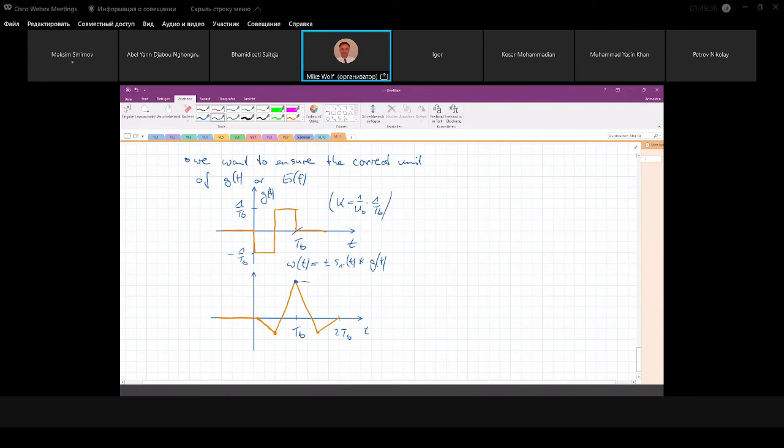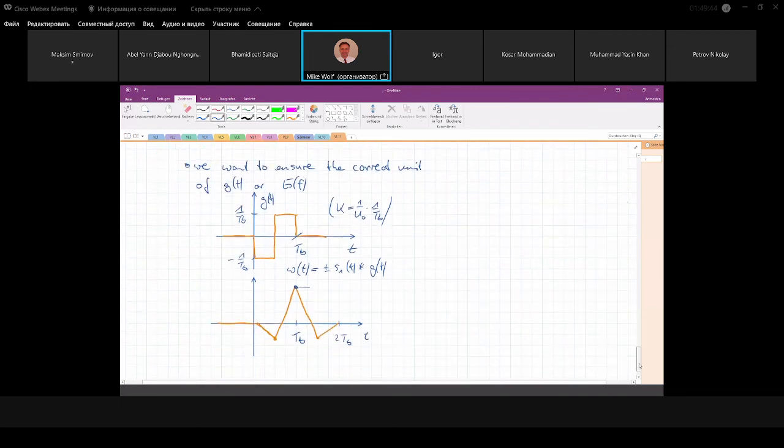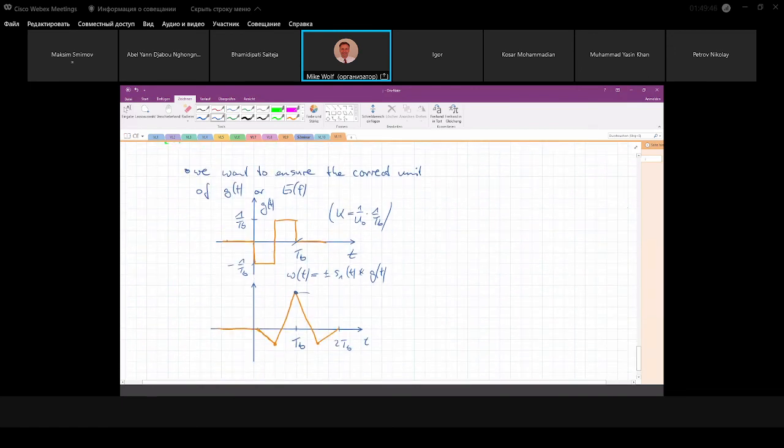We say we have S1 of t, it's the integral, S1 of tau times G of t minus tau d tau. Now we flip this G of tau, shift it to the right, then it looks like our signal at TB, exactly as our signal, exactly at the time TB. Then our signal has the amplitude.